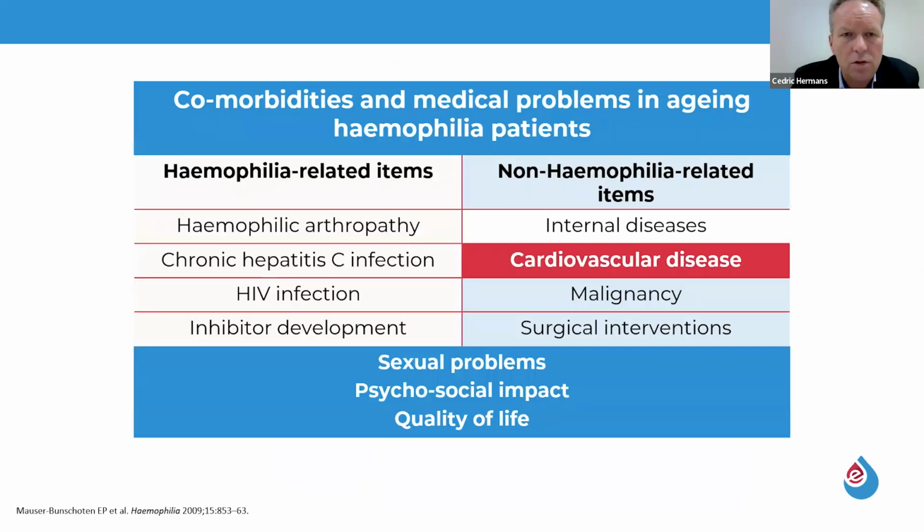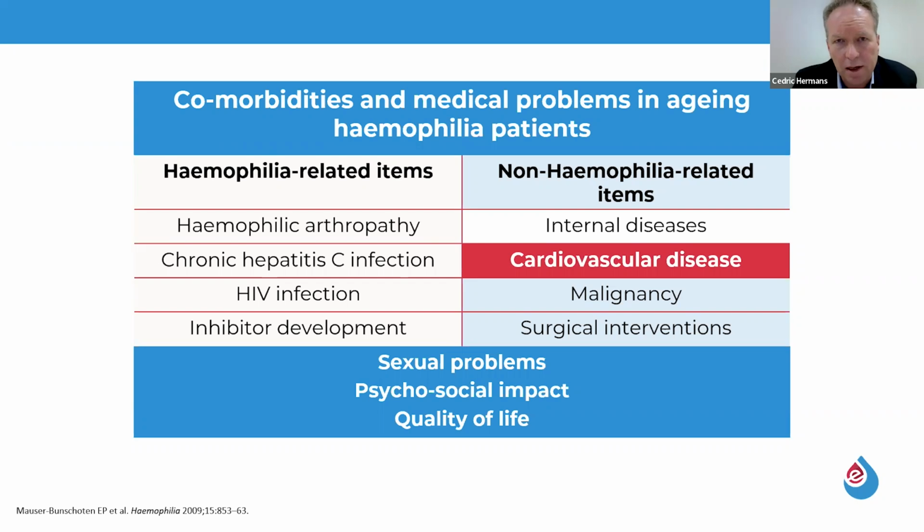This slide shows you the major comorbidities and medical problems that we encounter in aging hemophilia patients. On the left part of the slide, you can see the typical hemophilia-related comorbidities: arthropathy, hepatitis C infection, HIV infection, inhibitor development.